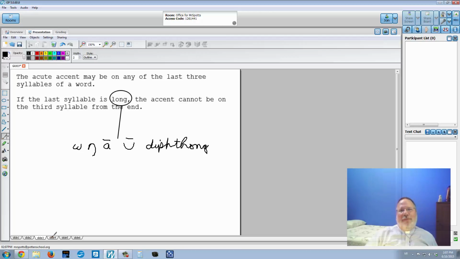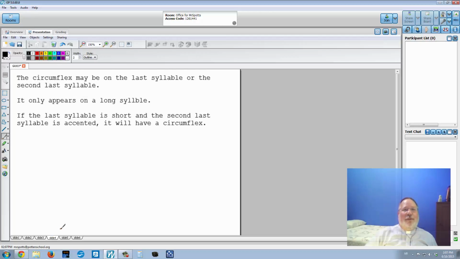However, the acute accent, remember the acute accent, like that, may be on any of the last 3 syllables of the word, if it's possible to have an accent there at all. How about the circumflex? The circumflex may be on the last syllable or on the 2nd last syllable.